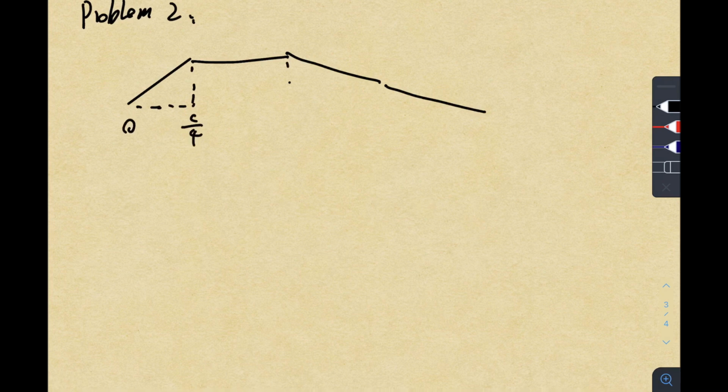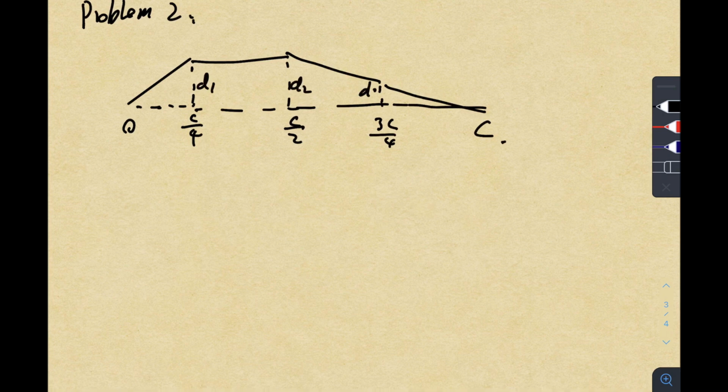Here is 0, and this one is c over 4. Here is c over 2, here is 3c over 4, and here is c. So I have d1, d2, d3. That's all we need to describe the piecewise shape.